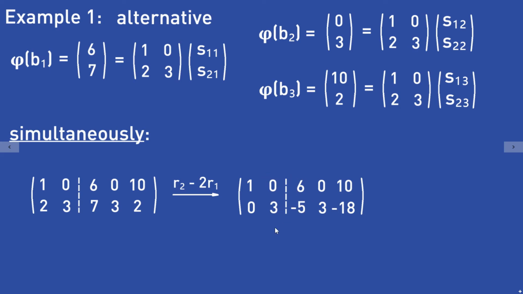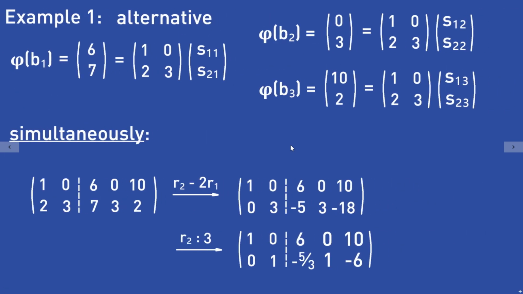And then we divide the second row by 3. So now we get that here. So here on the left we have the unit matrix. And what we get on the right is the matrix representation of phi with respect to the bases B and C.